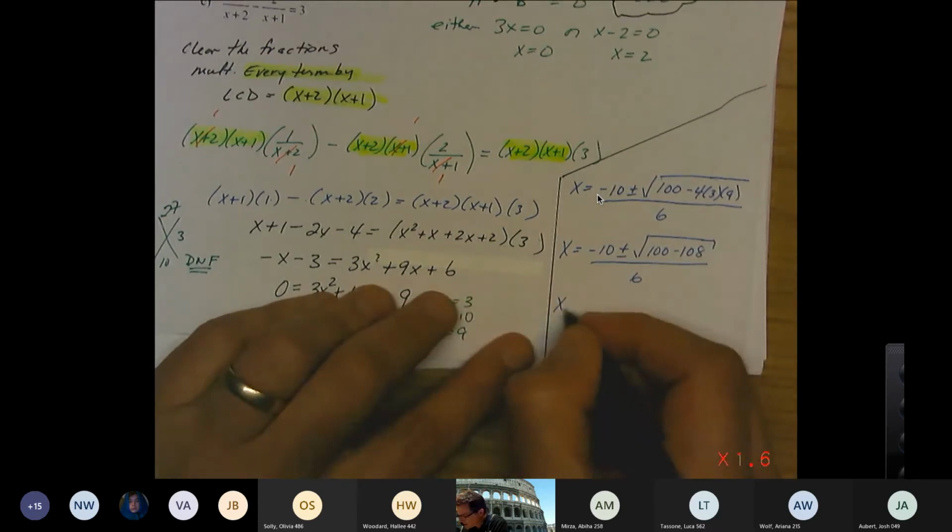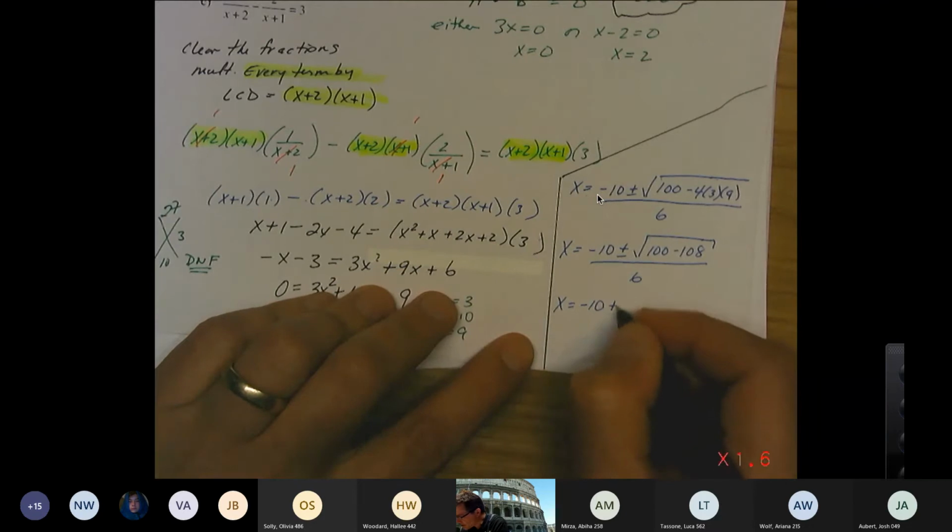So that's going to be x equals negative 10 plus or minus square root negative 8 over 6.